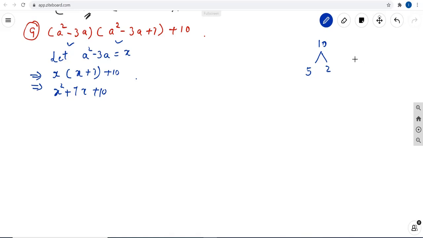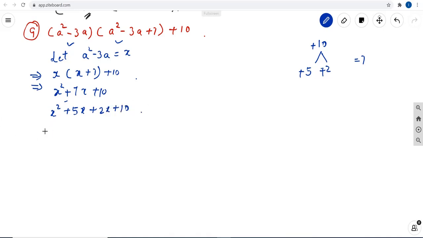When I add 5 plus 2, I have to get 7, so correct. The middle term is plus, so the bigger number I will take as plus, and the other term also as plus, because plus into plus gives plus, as it is 10. So using middle term splitting, this becomes x square plus 5x plus 2x plus 10.